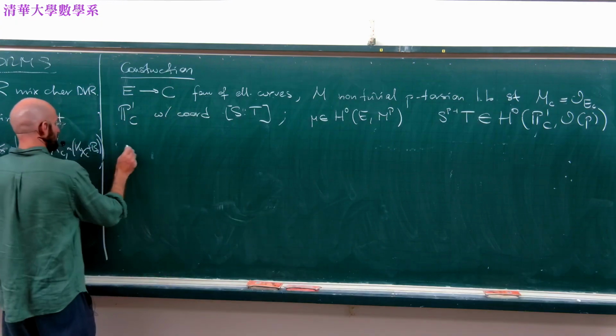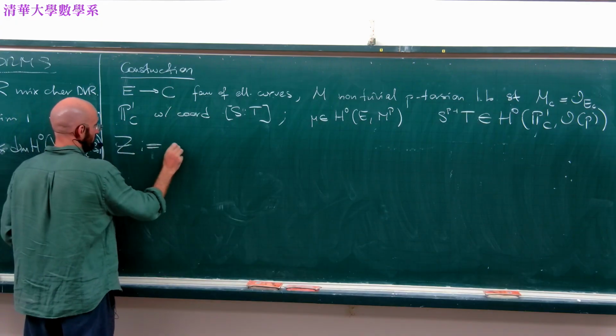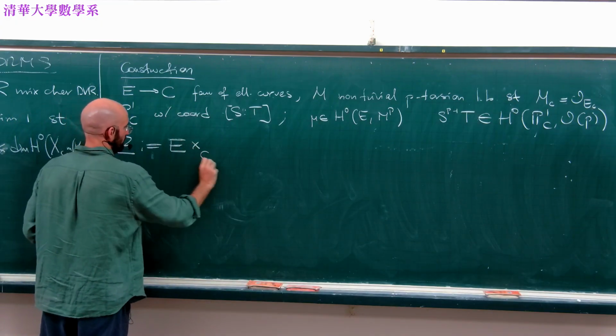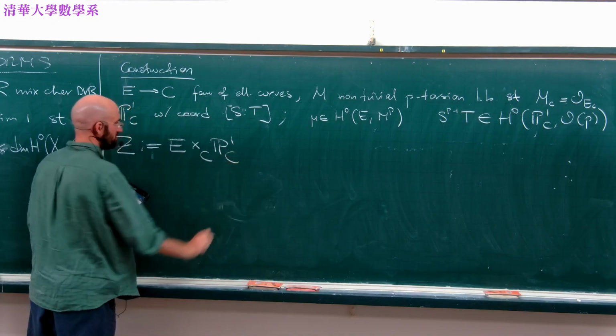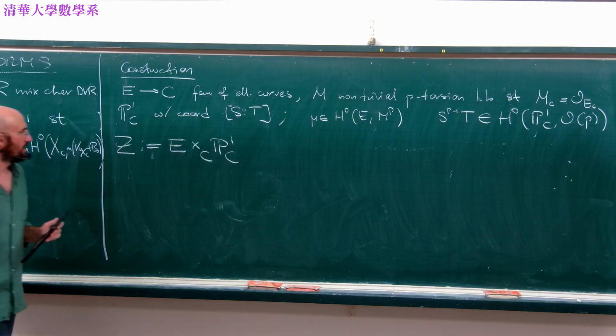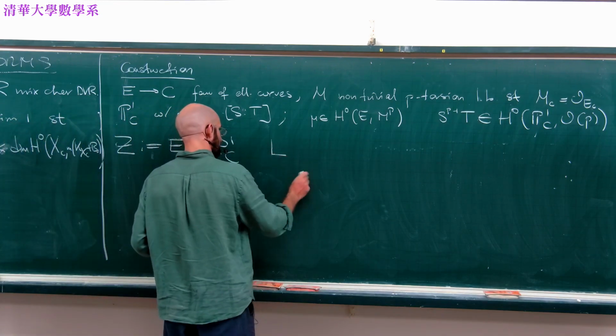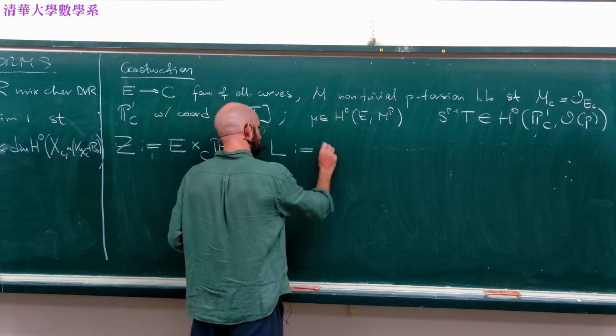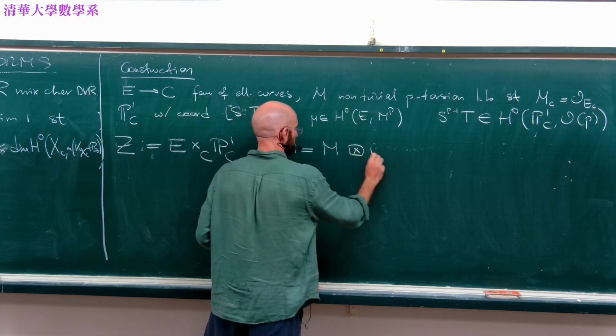Okay. Then let me call Z the fiber product of E with P1. So this is a family of elliptic surfaces, a very boring one, admittedly. But then I take this line bundle, which is just M box product with O(1).